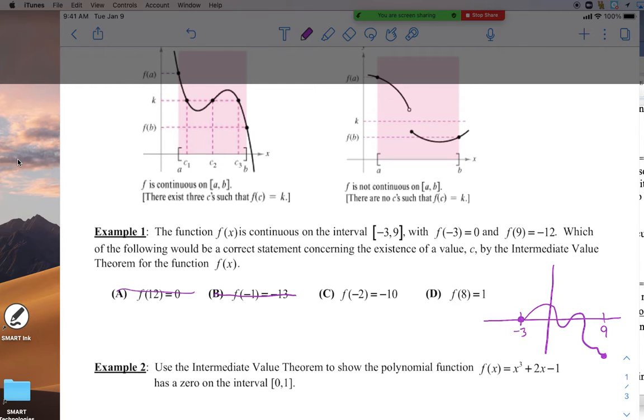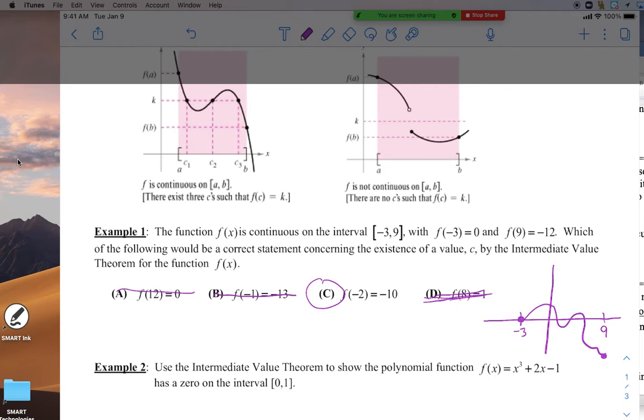Okay, so -2 is in between -3 and 9, and -10 is between 0 and -12, so this is a maybe. And then what about f of 8 equals 1? It's above the 0, okay? So we don't know for sure. The intermediate value theorem doesn't guarantee it. So it's letter choice C.